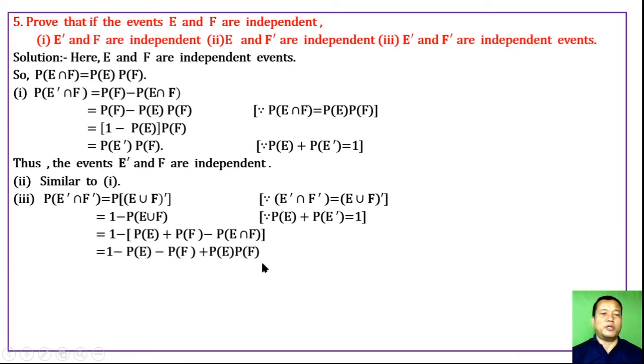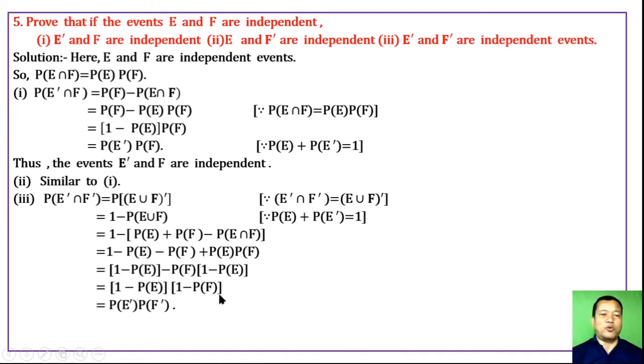Expanding, we get this; combining the first two terms we get this, and taking minus P of F from the last two terms we get minus P of F into 1 minus P of E. Again, from these two terms we take 1 minus P of E: for the first term 1 remains, for the second term minus P of F. These two products are equal to, the first one is P of not E and the second one is P of not F. Thus, P of not E intersection not F is equal to P of not E into P of not F. This shows that the events not E and not F are independent events.